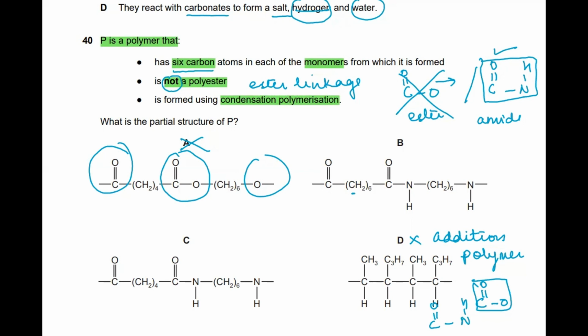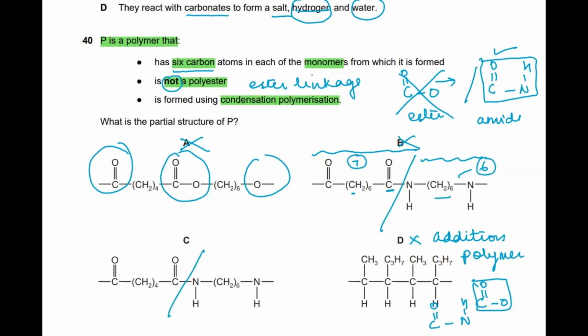It's 1 times 6, so 6 carbons are here, but this is going to be the 7th one. If we split it this way, this is one monomer coming from a carboxylic acid and another monomer coming from an amide. So the amide has 6 carbons in it, but the carboxylic end has 7 carbons. So B cannot be the answer.